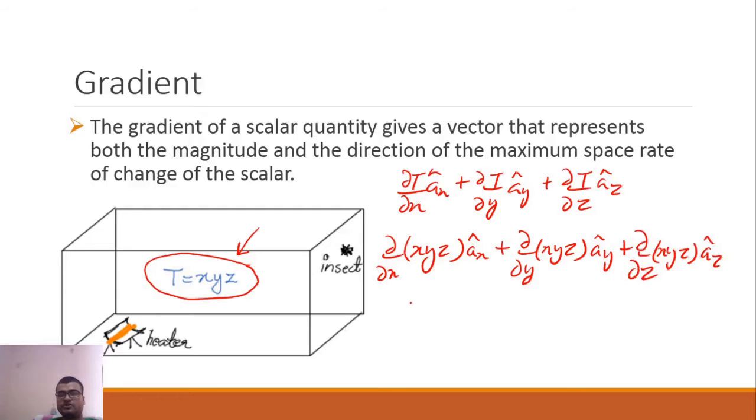So when you do the partial differentiation of x, y, z with respect to x, you will get yz. Then you will get xz. And then the last one, xy.